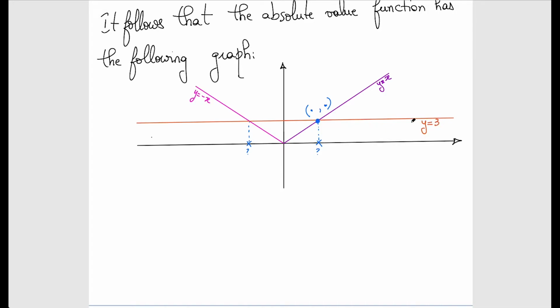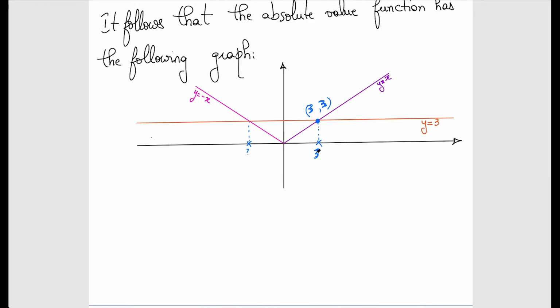Again, one more time. This point on one hand is on the purple line, which means its y coordinate and x coordinate coincide. And on the other hand, it belongs to the orange line, which means the y coordinate is 3. So the y and x are the same, and the y is 3, so both of them are 3, right? Does this make sense? So this guy is 3.